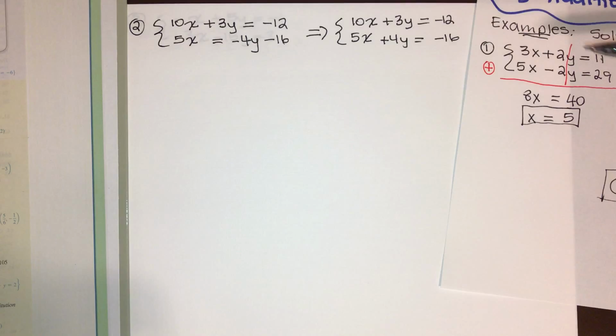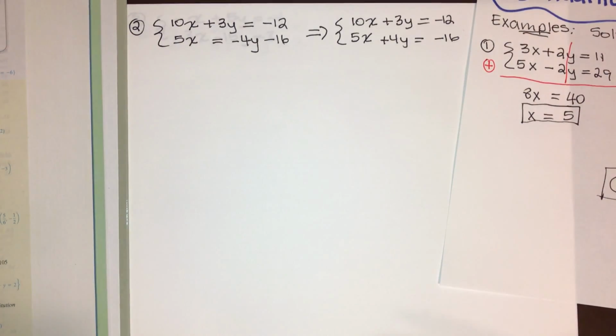I do not have that situation here. So in order to get a situation where we could actually eliminate one of the variables, we need to multiply one or both equations. It depends on the problem if you multiply one equation or both. You have to multiply by a non-zero constant.